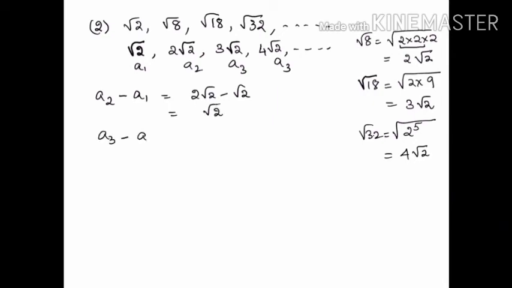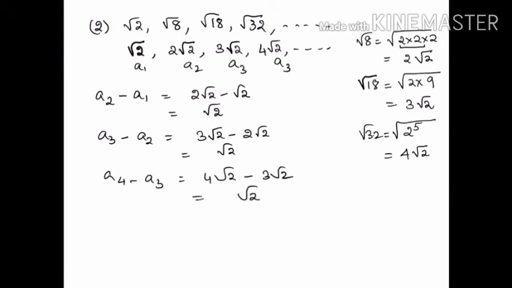A3 minus A2 will be 3 root 2 minus 2 root 2, which is root 2. A4 minus A3 is 4 root 2 minus 3 root 2, that is also root 2. So the consecutive terms on subtracting give us the same difference. So this implies that this list of numbers is an AP.